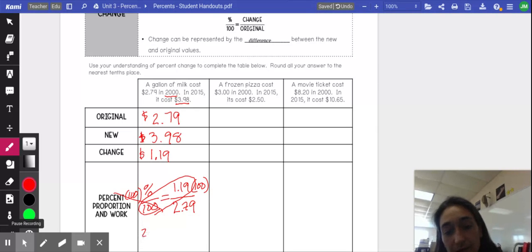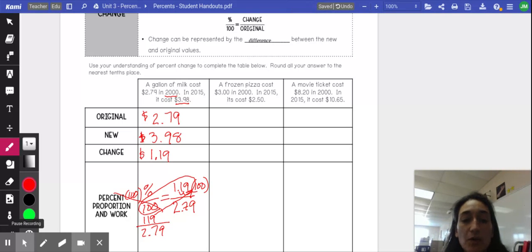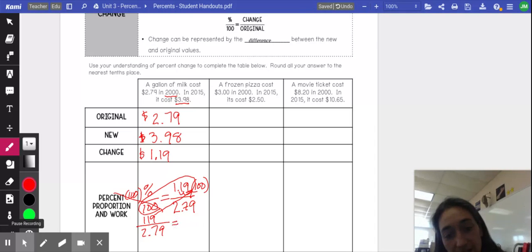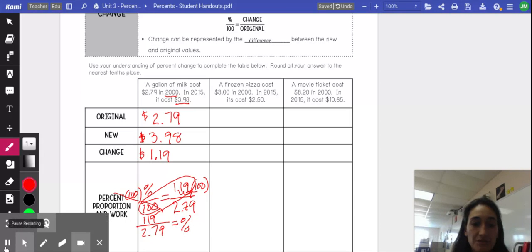So I end up with $2.79 times the percent, and by multiplying 1.19 by 100, I'm basically getting 119 because the decimal is just going to shift two place values. I'm going to take 119 and divide it by $2.79, and that is going to give me my percent of change.